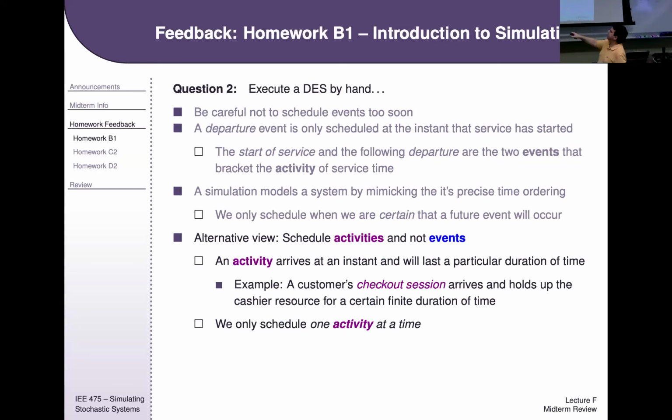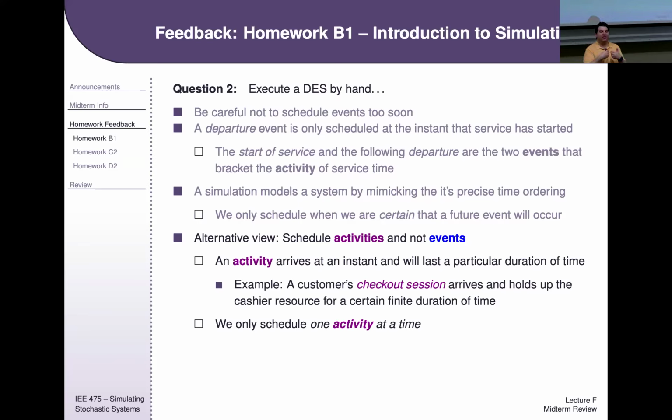How scheduling works: you schedule activities, and so the events bracket activities, and you schedule one activity at a time. So you don't say, well, I know that there are 3 arrivals coming, so I'm just going to schedule all 3. You don't schedule those events.